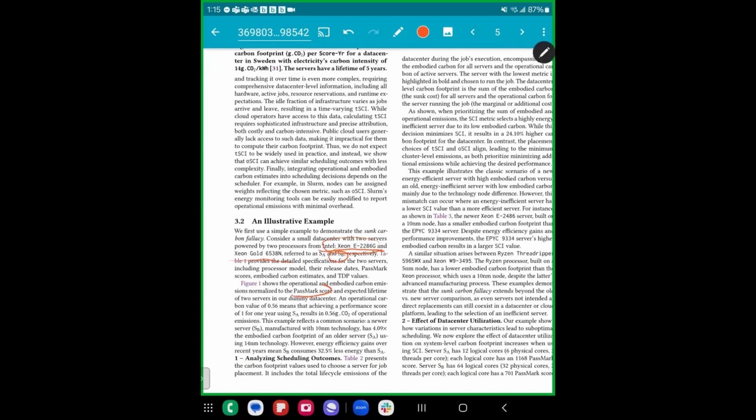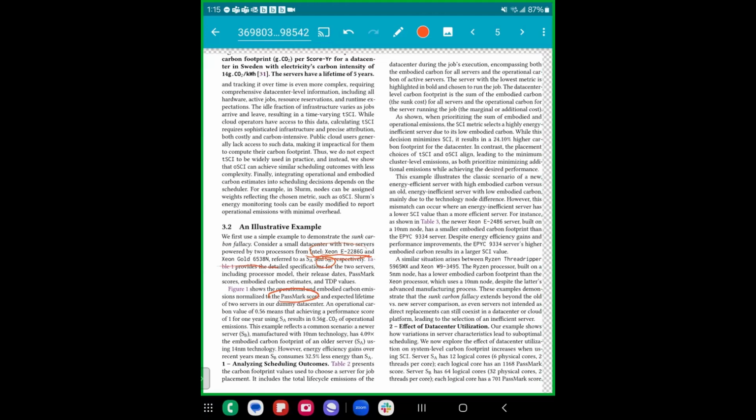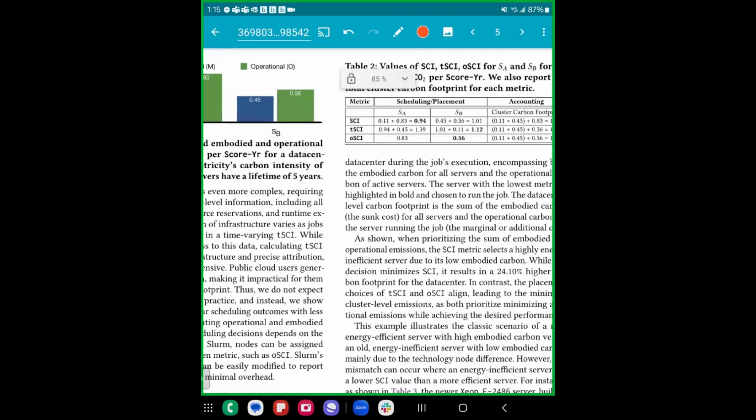They use the Passmark benchmark as kind of an illustration of the performance per carbon footprint, or per gram of CO2, right? And they also estimated the carbon footprint of manufacturing those CPUs, right?